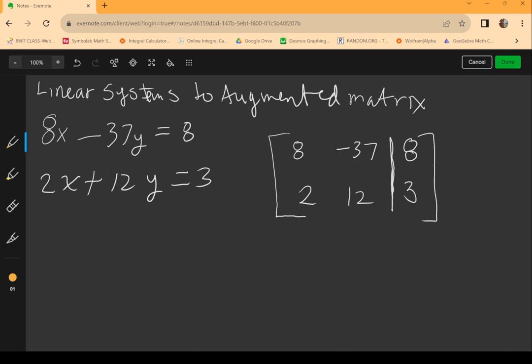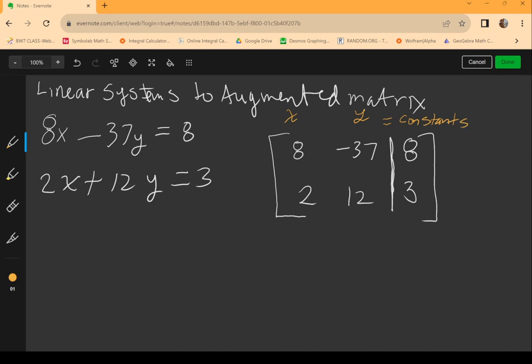If you notice, we essentially have the coefficients. The first column represents the x variable, so 8 is one of the coefficients, and 2 is the other. And we can see here y. Then we have that line there to represent what the equations are equal to, and here we have our constants, whatever those equations are equal to.